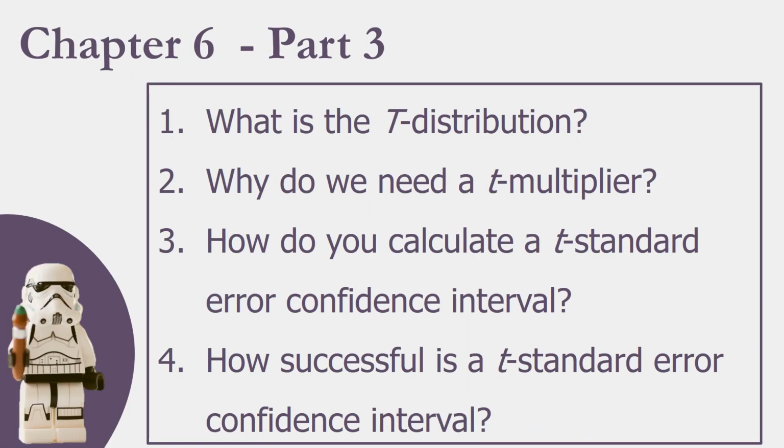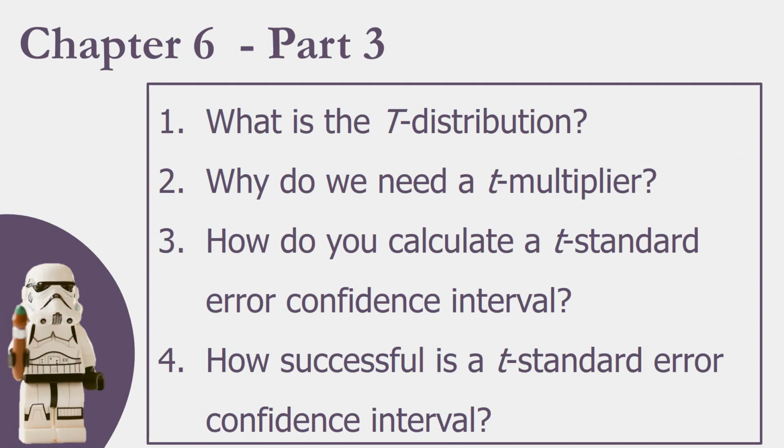Okay, so what is the T distribution? It's a shape, it's a theoretical distribution, and it's what we're going to be using to estimate the sampling distribution. Why do we need a T multiplier? Because just using 2 wasn't that great when the samples got quite small. We wanted something with flexibility in it.